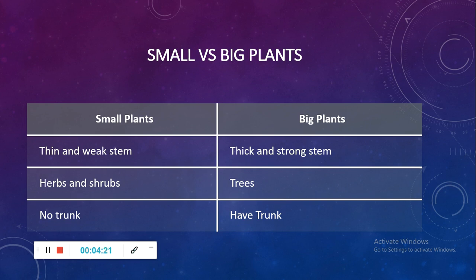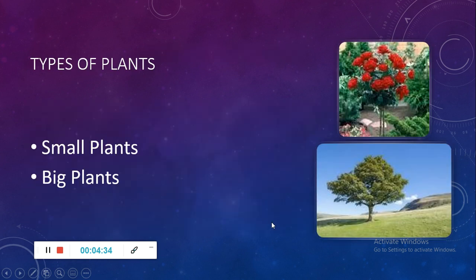The third difference is that big plants have a trunk. The thick and strong stem is called a trunk. So do big plants have a trunk? Yes. While small plants do not have a trunk.